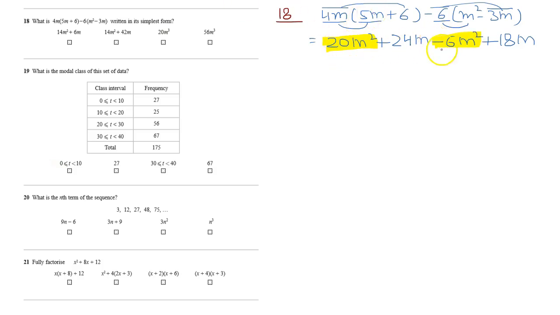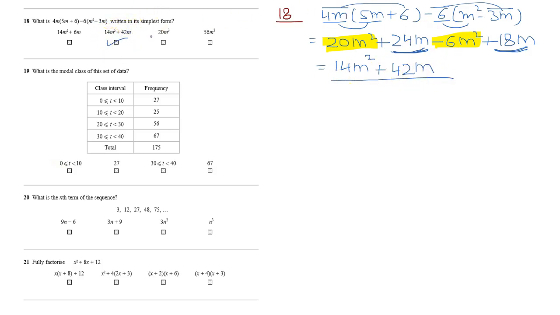So 20 minus 6 will be 14m square, and this is 24m and 18m. So 18 and 24 will be 42m. The answer will be 14m square plus 42m.